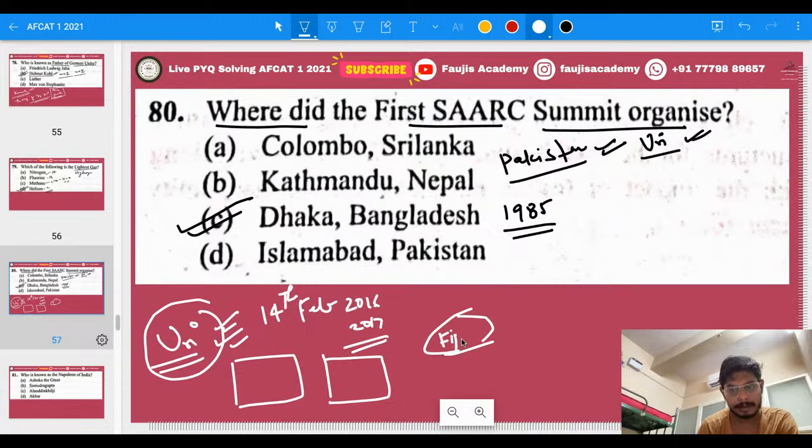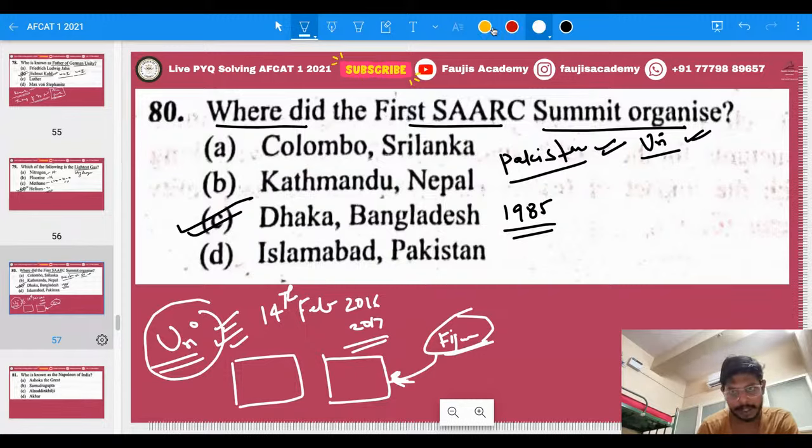Fidayeen means human bomb. He was in a car and hit one of the buses with loads of explosives. So many soldiers died.